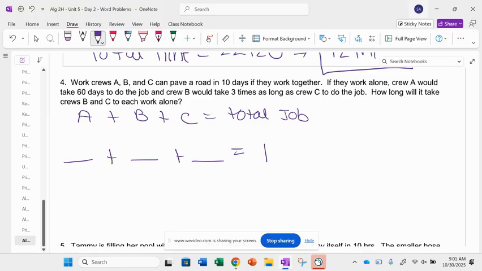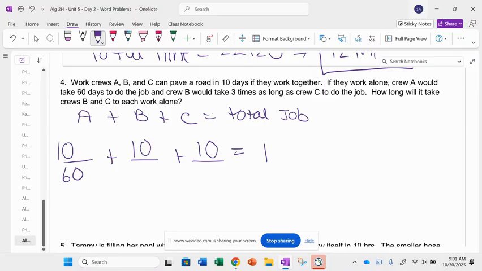So what are all my numerators? 10. If they work alone, crew A would take 60 days. So right there, 60. And then it says crew B would take 3 times as long as crew C to do the job.